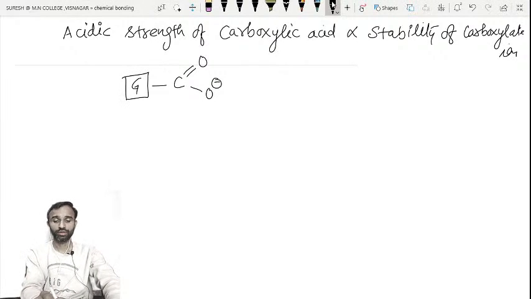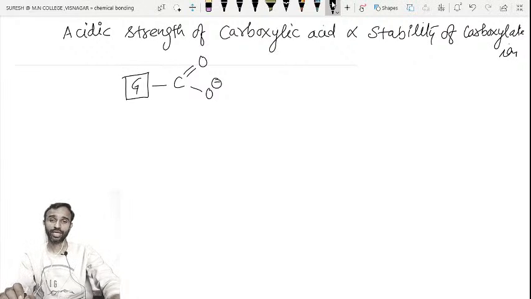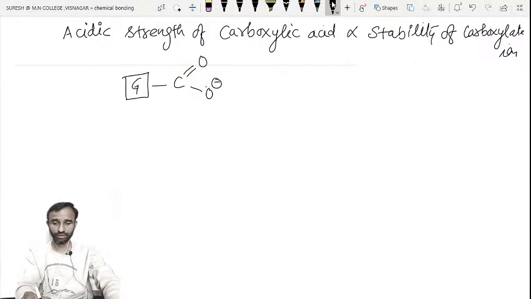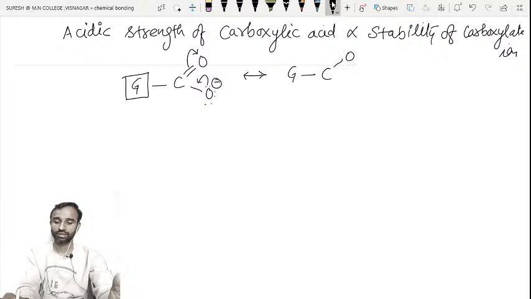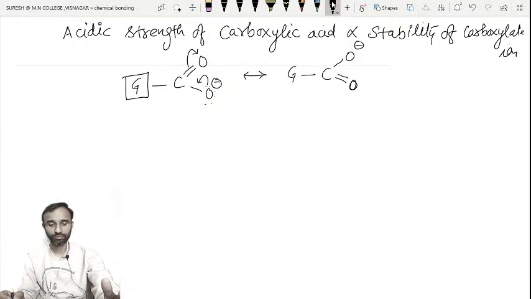This group may be electron releasing or withdrawing, right? First of all, carboxylic acid is an acid because carboxylate ion involves delocalization of negative charge.